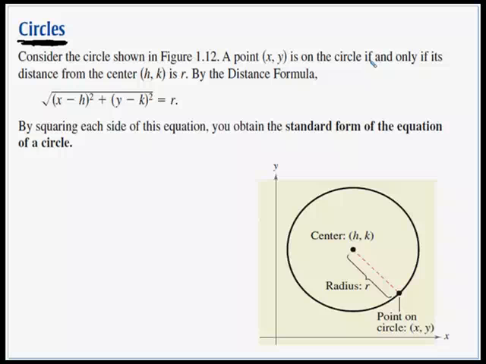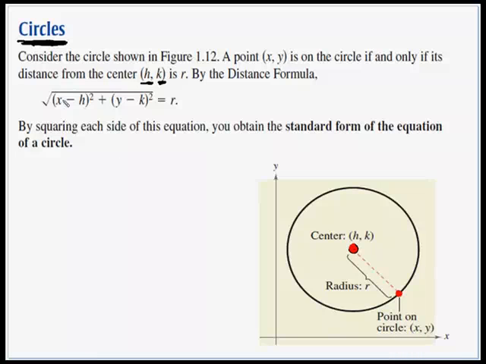A point (x, y) is on the circle if and only if its distance from the center (h, k) is r, the radius. So how would we find the distance between the center of the circle at (h, k) and this point on the circle at (x, y)?